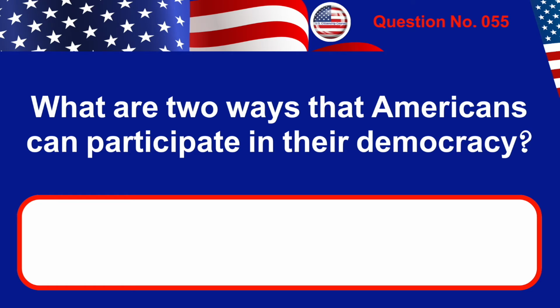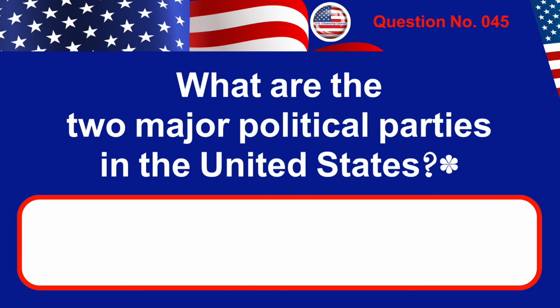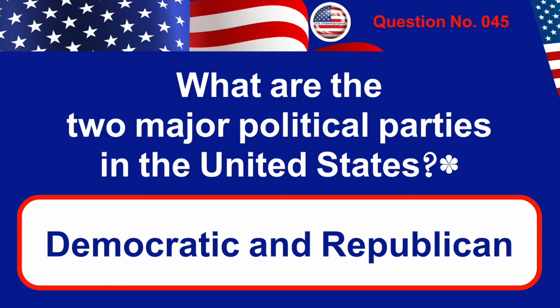What are two ways that Americans can participate in their democracy? Vote. Join a political party. What are the two major political parties in the United States? Democratic and Republican.